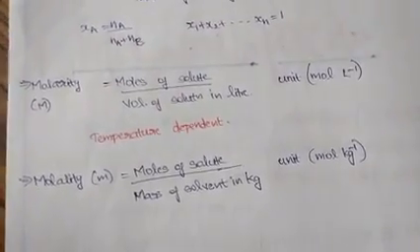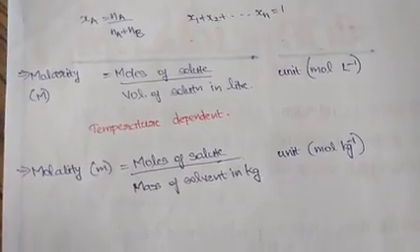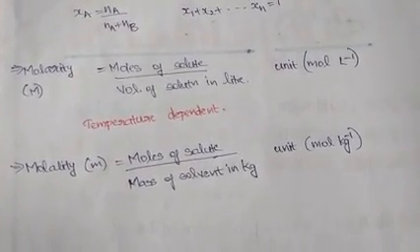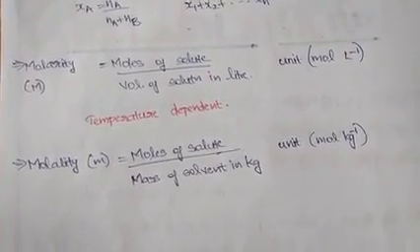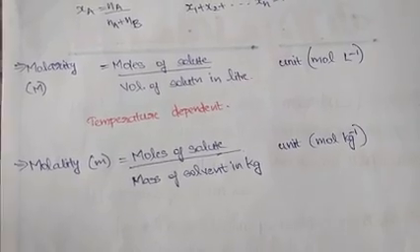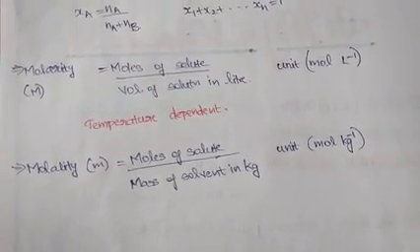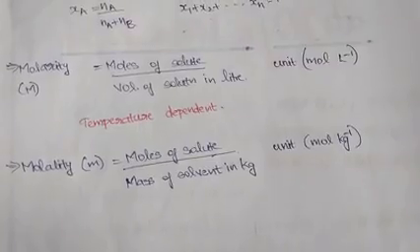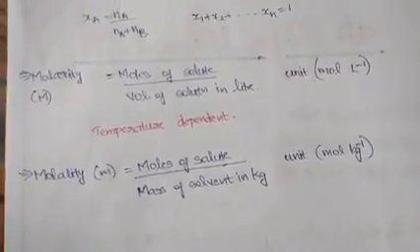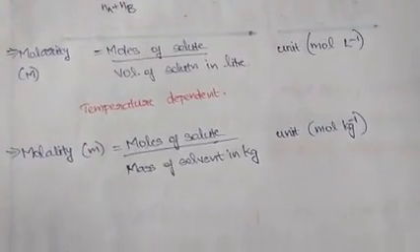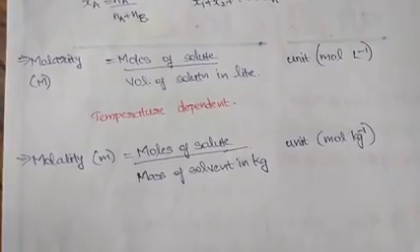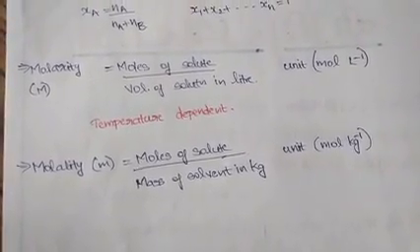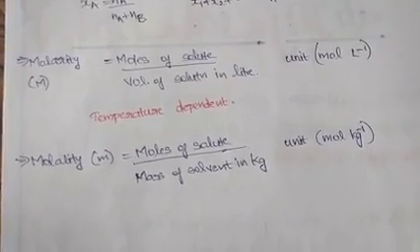As temperature and volume are related, as temperature changes, the volume of solution also changes. Thus, the molarity will change. So the temperature-dependent parameter is molarity. But in the case of molality, we can't see any term such as volume. Thus, molality is a temperature-independent parameter.